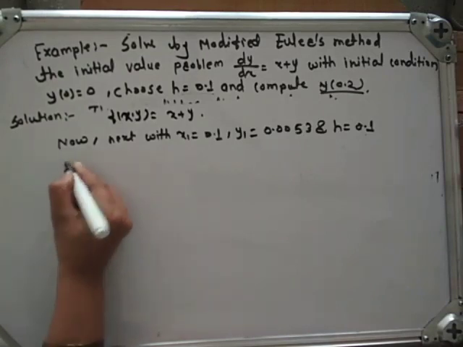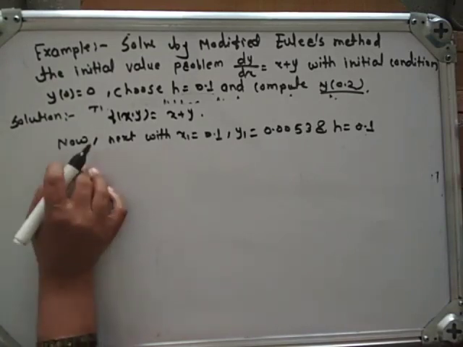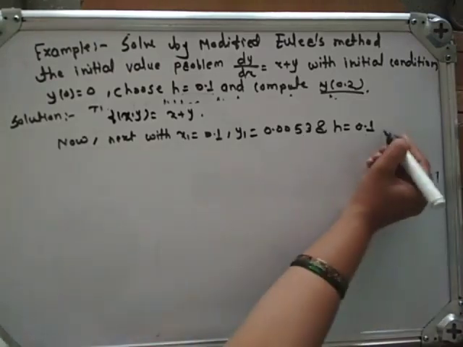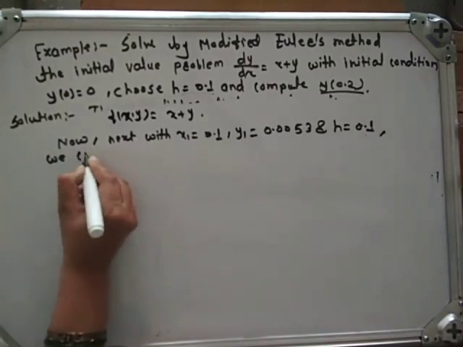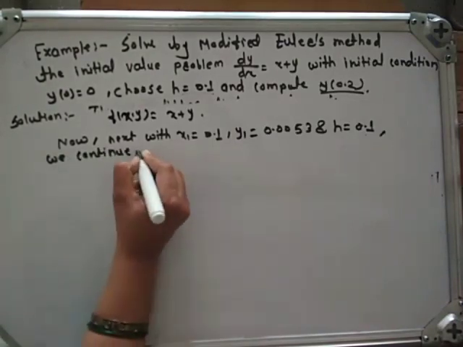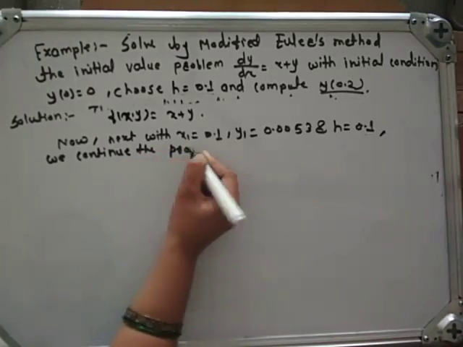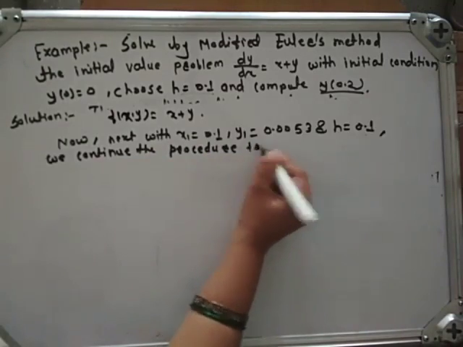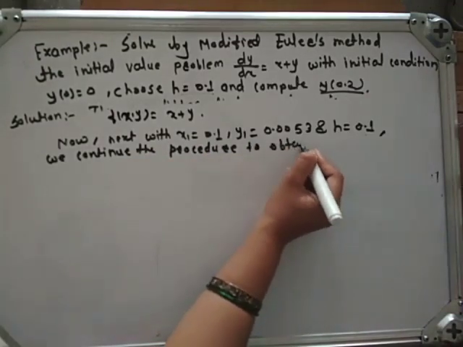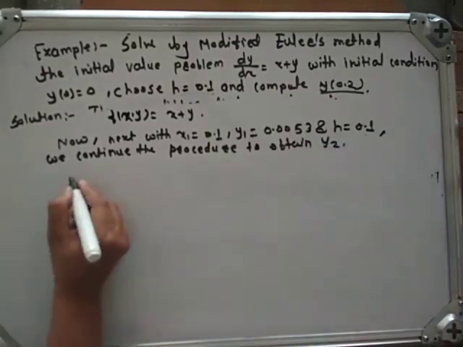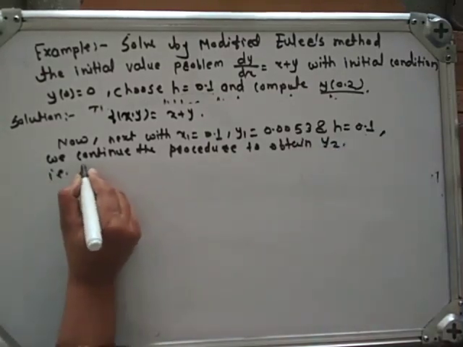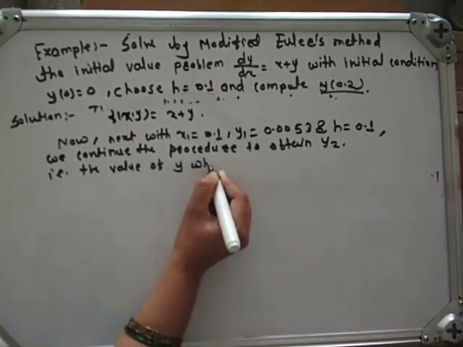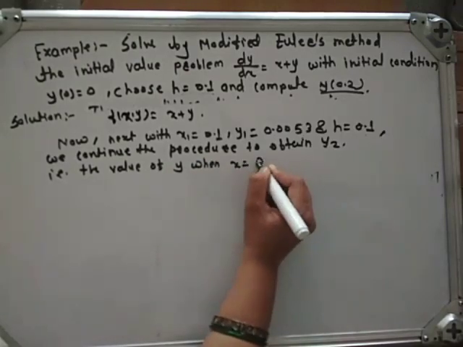That is, we have to find the value of y when x is equal to 0.2. Okay, write this down, continue the procedure. Actually, there is no need to write this down, but for understanding purposes, write it down.